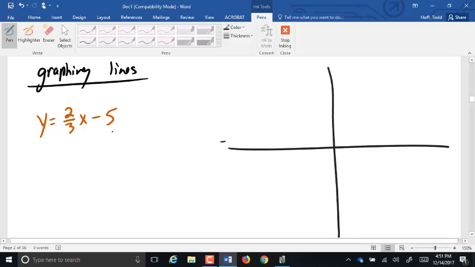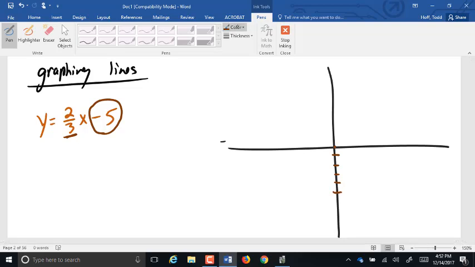Remember, there are two pieces here. The number that multiplies x tells us the slope. That's the last piece we're going to use. The other number is our starting point. That's -5. So on the graph, we always start at the origin in the center. The -5 tells us we go down 5. That is the first point of this graph.